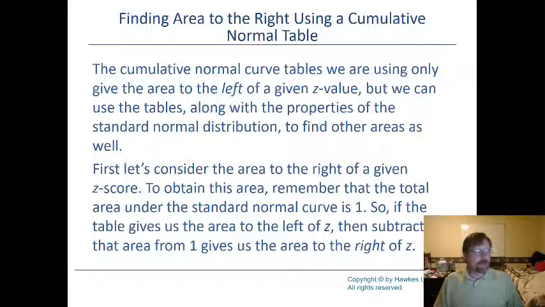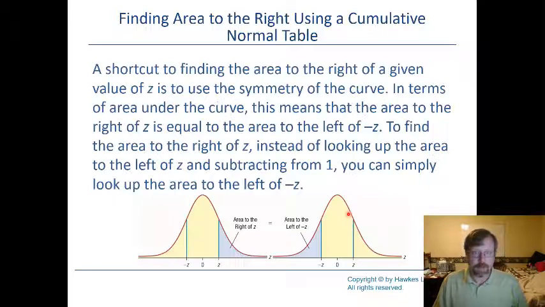First is by remembering that the total area under the curve is going to be 1. So if we figure out the probability on the left-hand side and subtract that from 1, we've got the probability on the right-hand side. The other way to do it is to remember that this curve is symmetrical.